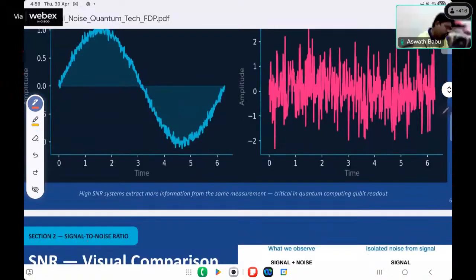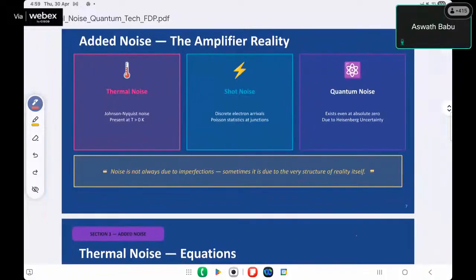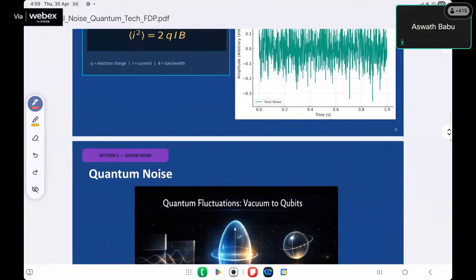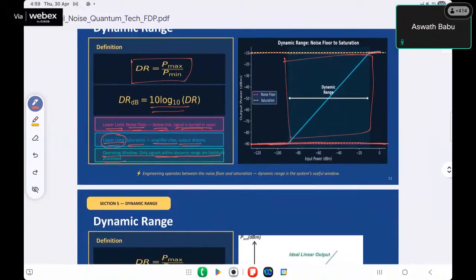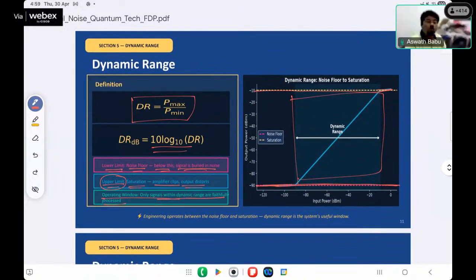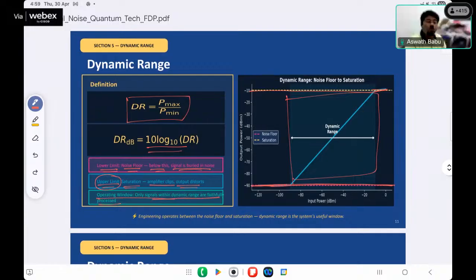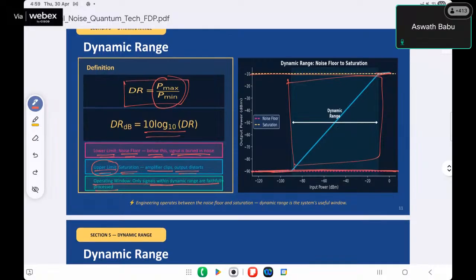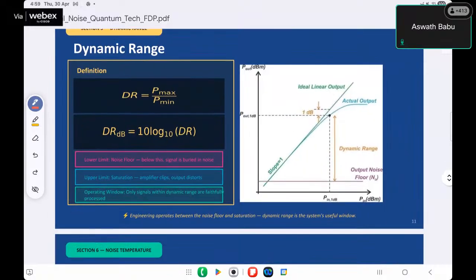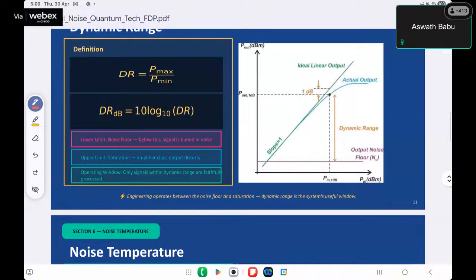That is what dynamic range quantifies: your signal conditioning, which is required for us to understand quantum information processing. This is just a simple ratio, by the way: power max to power min, how much power the system can take.